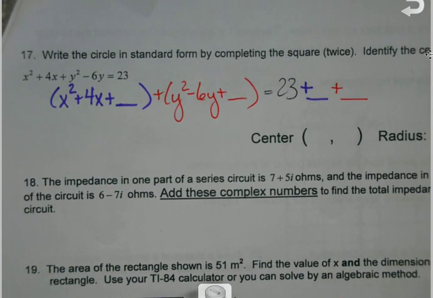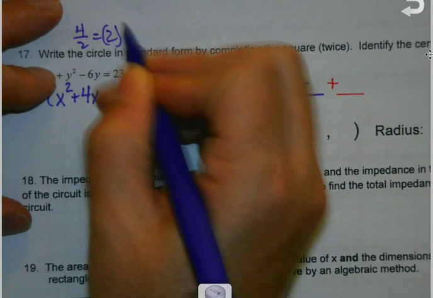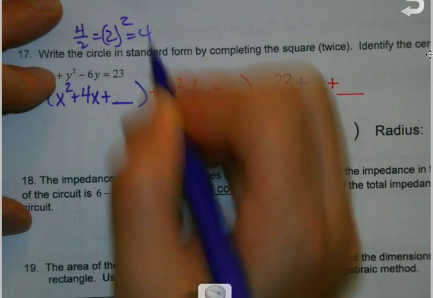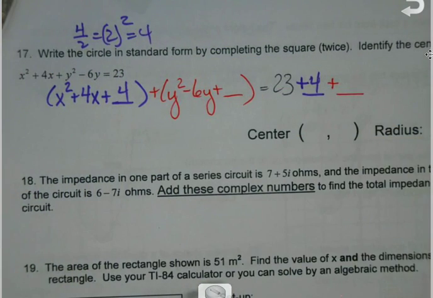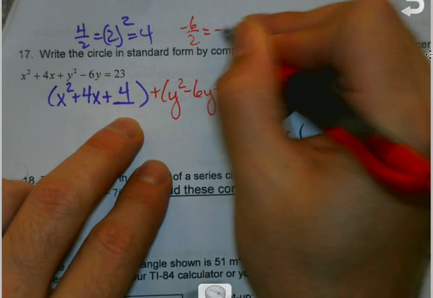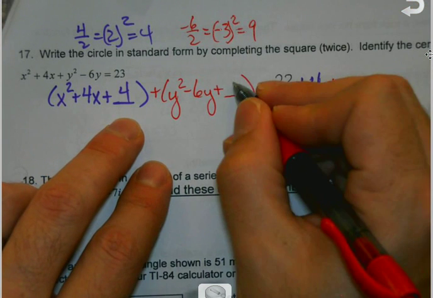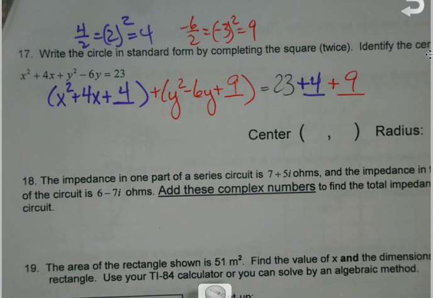I got to do my b divided by 2. And I got to square it. I got to do my b divided by 2. Don't forget the negative. And square it, which will come out positive because I used parentheses.